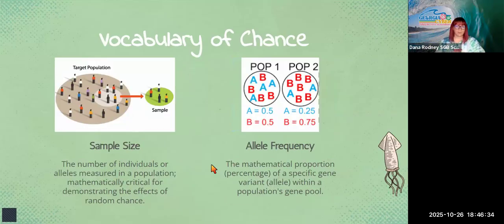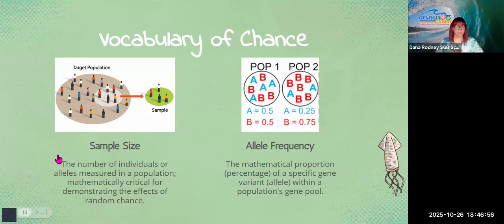And then we have two last terms, and that is sample size and allele frequency. Sample size is just the number of individuals or alleles measured in a population. This is really critical when we talk about the effects of random chance. Then we have allele frequency, which is just how many times you see that allele.